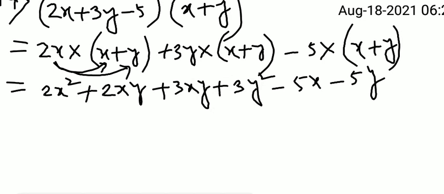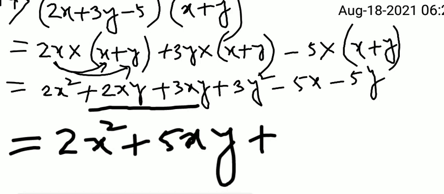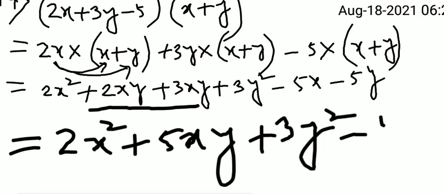Now just calculate. We will get 2x square, here plus 2xy and plus 3xy, add, you will get plus 5xy, plus 3y square minus 5x minus 5y.